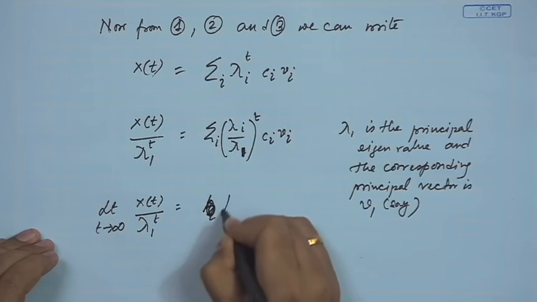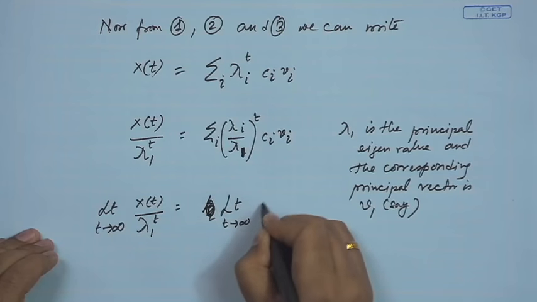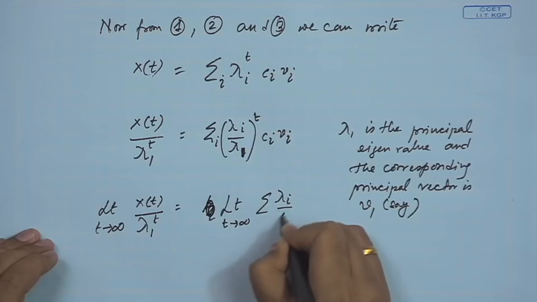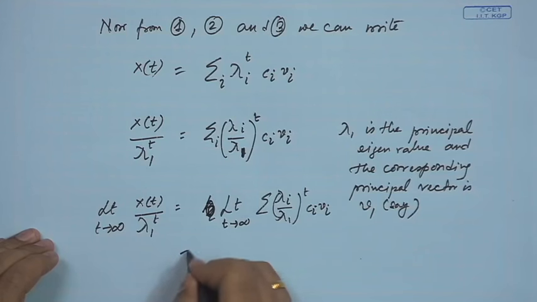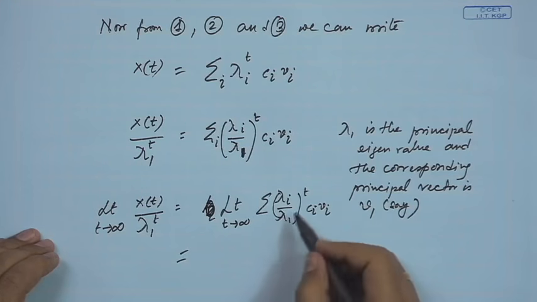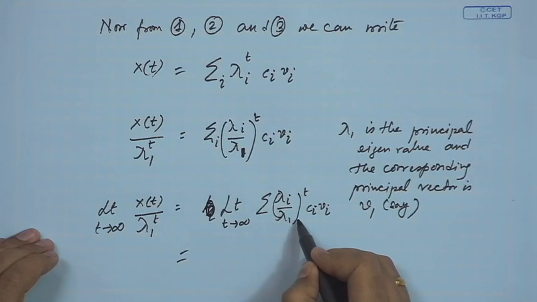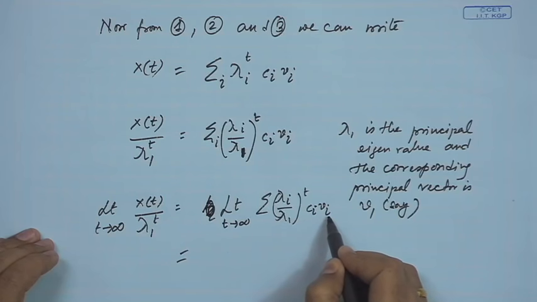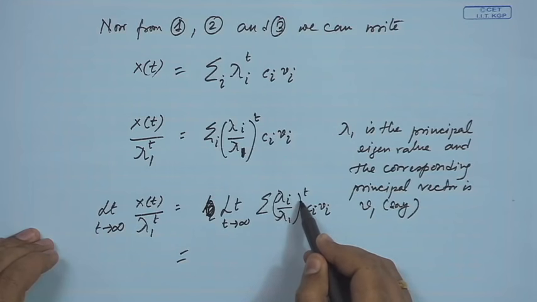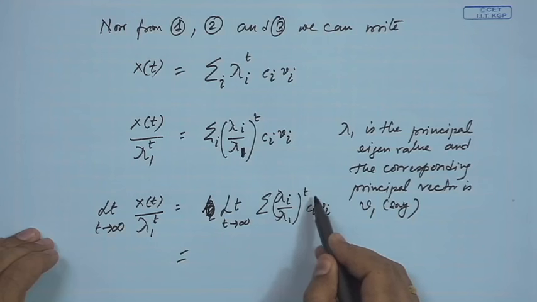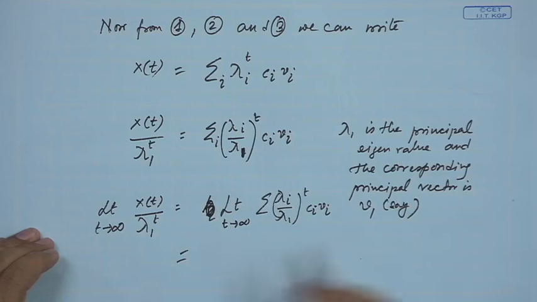So, what does this tell you? For i equal to 1, the value here changes to 1. So, you have c1 v1 plus numbers which have a fractional prefactor powered to some infinite power. All those fractional prefactors powered to an infinite power go to 0, and only c1 v1 remains.